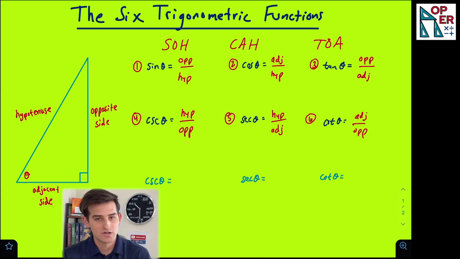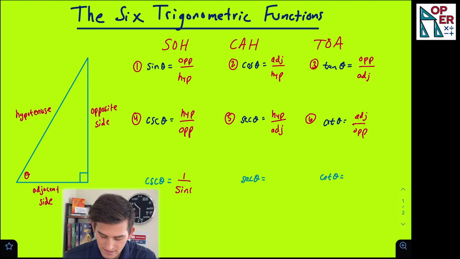Okay, so those are our 6 trig functions and the ratios that represent them. Now we look here at the bottom, we could also rewrite cosecant, secant, and cotangent as 1 over sine, cosine, and tangent. So another way you might see cosecant represented is by saying it's 1 over sine of theta. Secant would be 1 over cosine of theta, and cotangent would be 1 over tangent of theta.